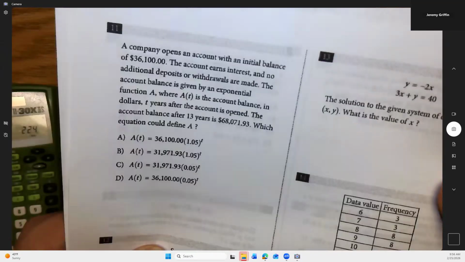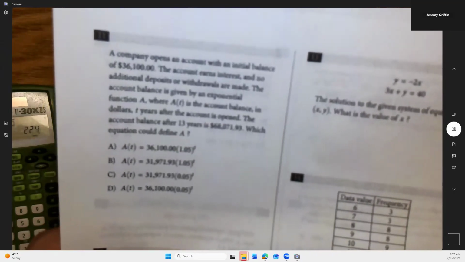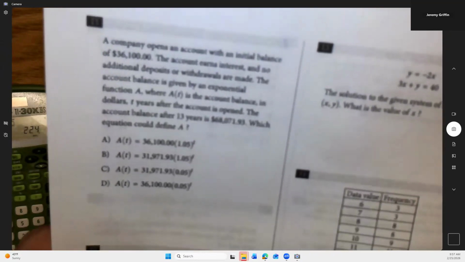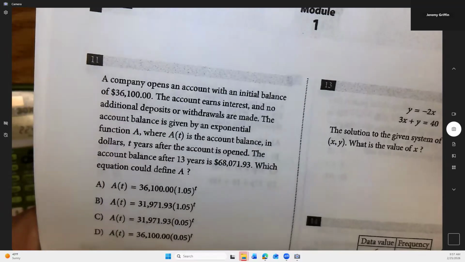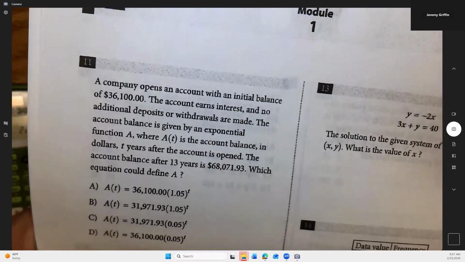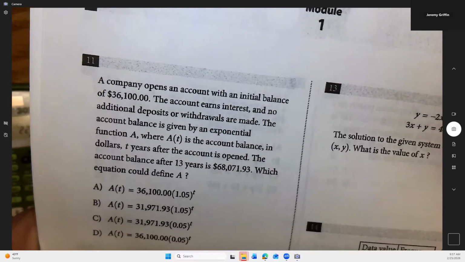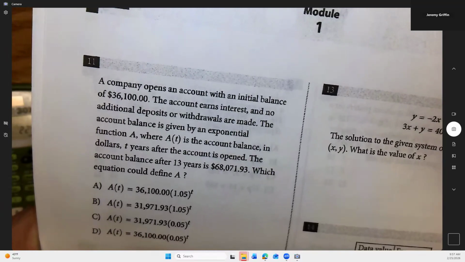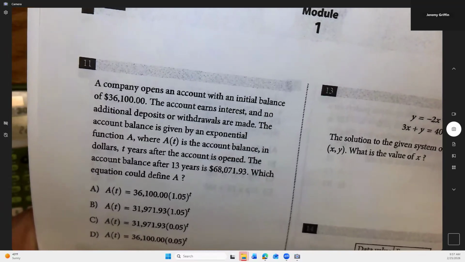11. A company opens an account with an initial balance of $36,100. The account earns interest. Hey, you guys did some interest calculations recently. And no additional deposits or withdrawals are made. The account balance is an exponential function, where A of T is the account balance, and T is the number of years after the account's opened.